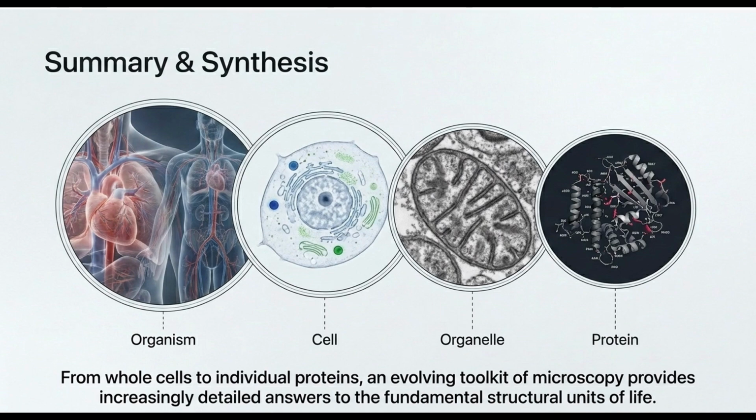All these technologies create a continuum of discovery, allowing scientists to move from studying entire organisms to investigating individual proteins. As microscopy continues to evolve, it will provide even deeper insight into the structure and functions of life itself.